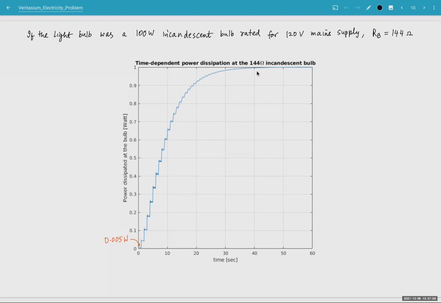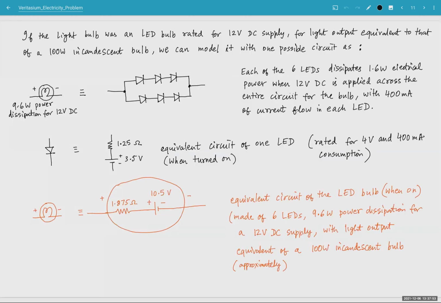The final case would be an LED bulb. I just took an example of what typical LEDs would be. Say you make a 100 watt equivalent incandescent bulb. Typically such LED bulbs consume around 10 watts of electrical power. I'm just taking typical numbers. Let's say this LED bulb was made up of 6 such LEDs, consuming a total power of 9.6 watts, and rated for a 12 volt DC power supply.